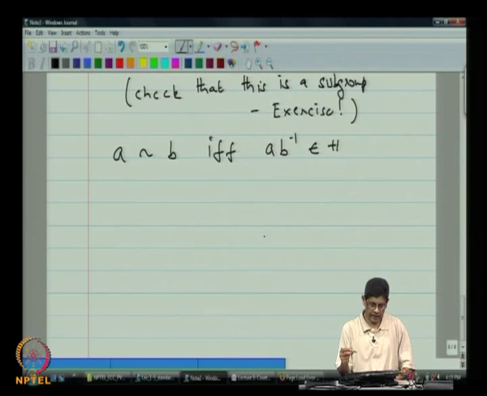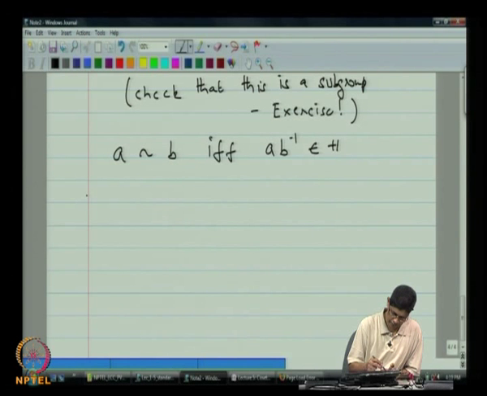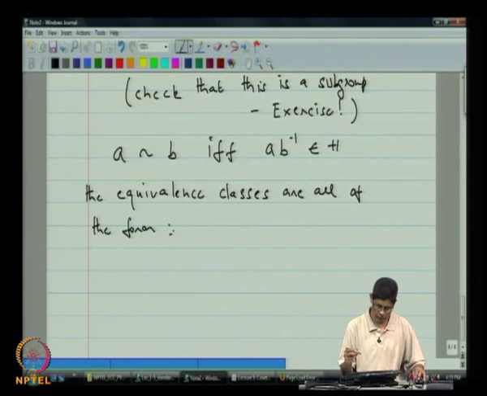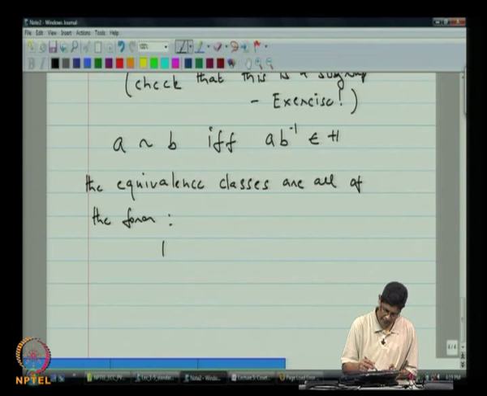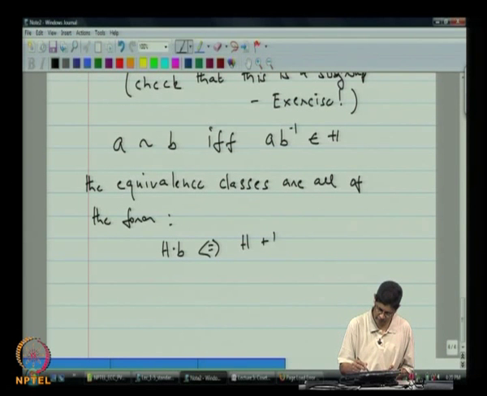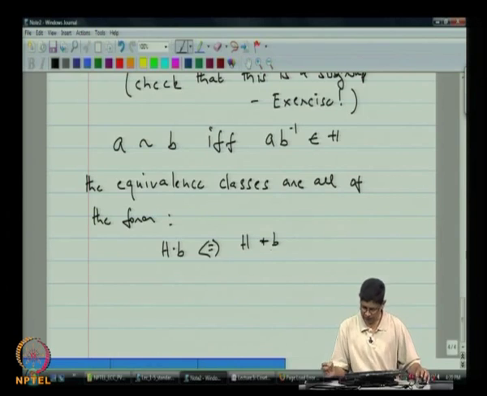We've already seen that the equivalence classes are all of the form HB, which in the present context, since our operation is addition, means H plus B. So all the equivalence classes are obtained by adding some element to the subgroup.